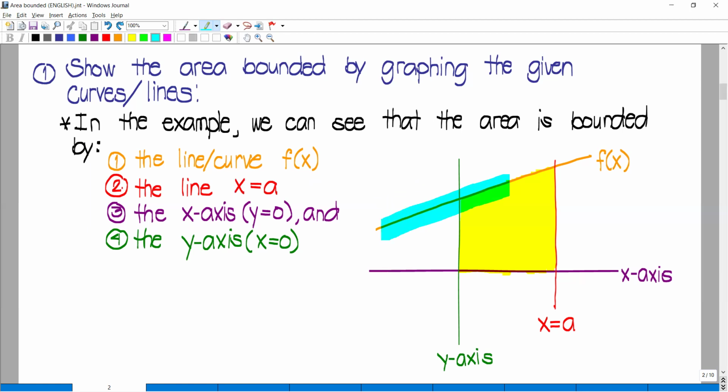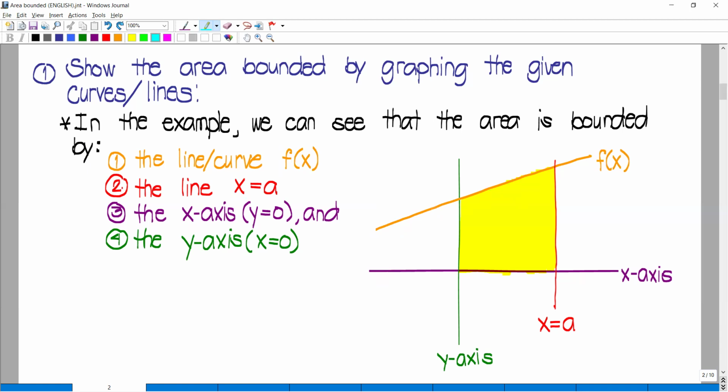And lastly, at the top of our area bounded, we have the orange slanted line. Since this is a line or any curve, let's name this as f of x. Now we have the orange line named as f of x.